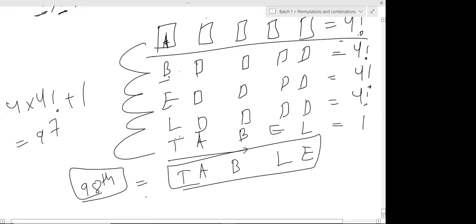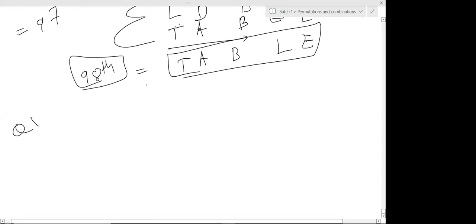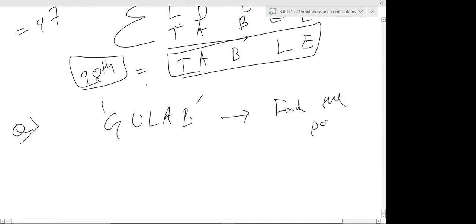Let's solve the question. The same question: all the words are arranged by rearranging the letters of the word gulab. You have to find the position. All right. I'll give you a few minutes. Try to solve this. Gautam, is it clear? Yes, sir. Okay. Then solve this question. I need all the answers.